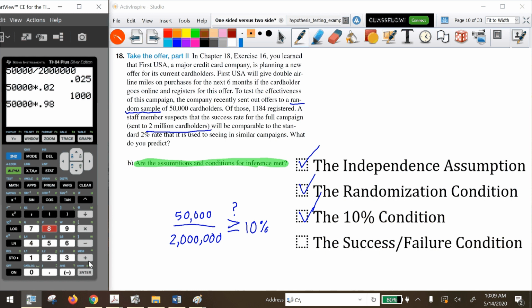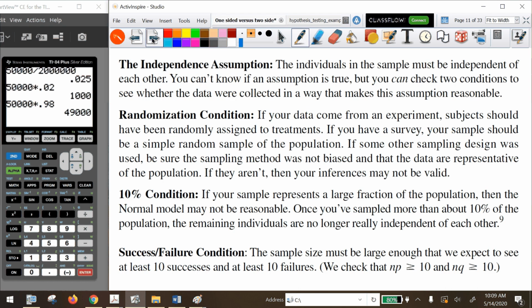So would we expect to see at least 10 failures? Yeah, we would expect to see 49,000 people reject the offer. So we satisfied the np and nq condition. We'd expect to see at least 10 successes and at least 10 failures. You can read more about those conditions for inference if you'd like. Here it is. I'm going to just go on to the next screen. You can pause it here if you'd like.